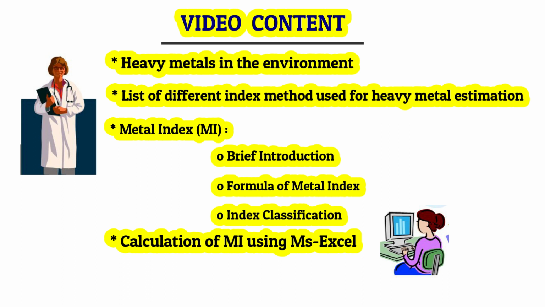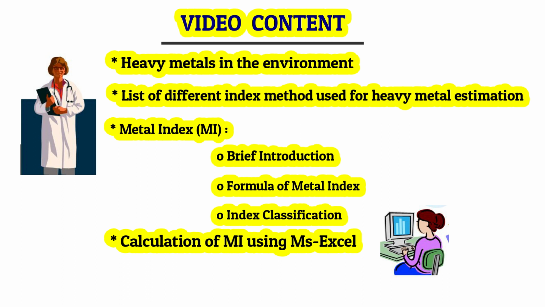First, we will talk about the general concept of heavy metals in the environment, and there are different types of index method developed by different researchers for determining the level of heavy metals in the environment. And metal index, or MI, is one among those different index methods.